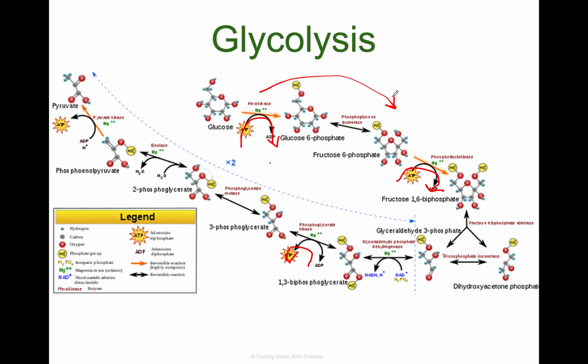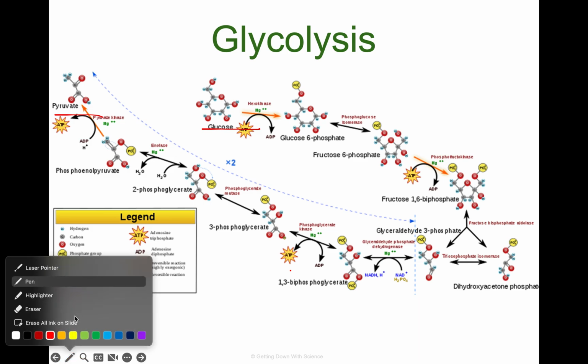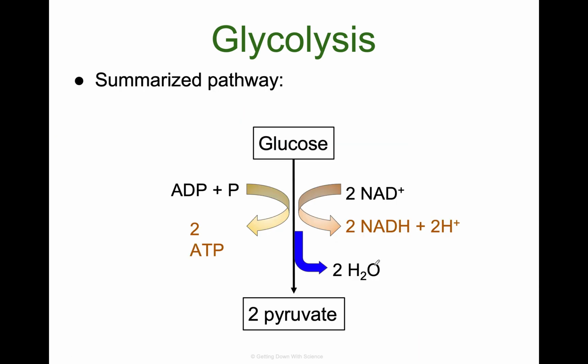We need to use energy for this step, but in the end over here, we start gaining energy. That's sort of your redox reactions. So things to know: 6 carbons go to 3 carbons. That 3 carbon molecule is called a pyruvate. This is essentially what you need to know.